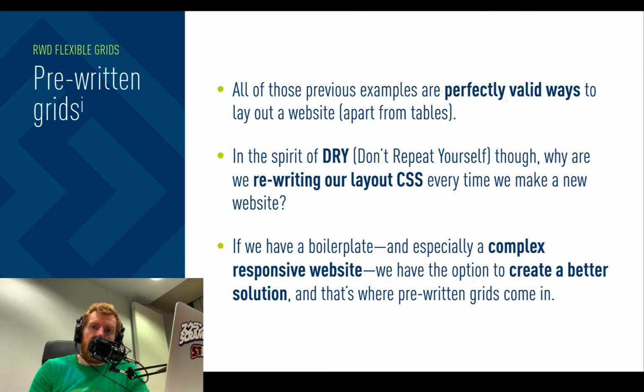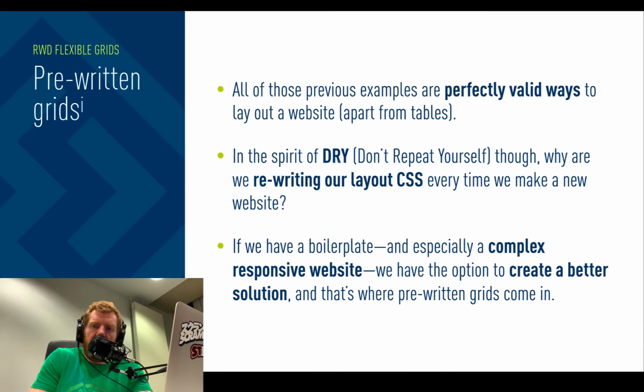But in the spirit of DRY, don't repeat yourself, why are we rewriting our layout CSS? And why aren't we just using something that already exists? If we want to stay efficient, as a professional web developer or web designer, we should always be looking for efficiencies in the way that we're doing things. And if we are looking for efficiencies, we should be looking to use some code that already exists, surely.